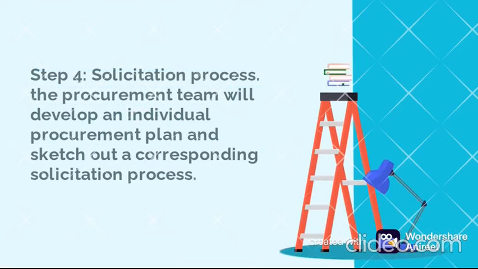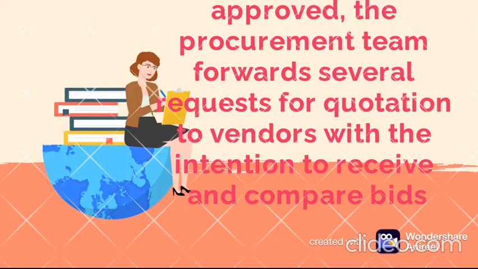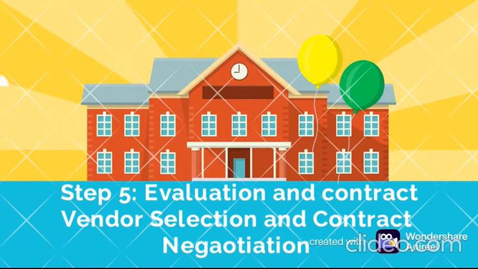Step 4. Solicitation process. The procurement team will develop an individual procurement plan and sketch out a corresponding solicitation process. Once the budget is approved, the procurement team forwards several requests for quotation to vendors with the intention to receive and compare bids. Step 5.